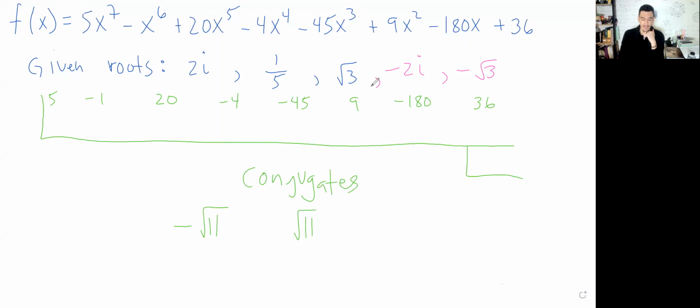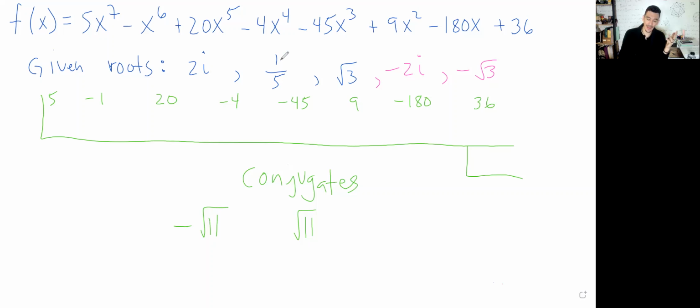And we discussed this in class, where if you have a number that is imaginary, then its conjugate is also going to be a root. If you have a number that is irrational, then its conjugate is also going to be a root. And if a number was complex, then its conjugate would also be a root. But not if it's something rational, like 1/5.